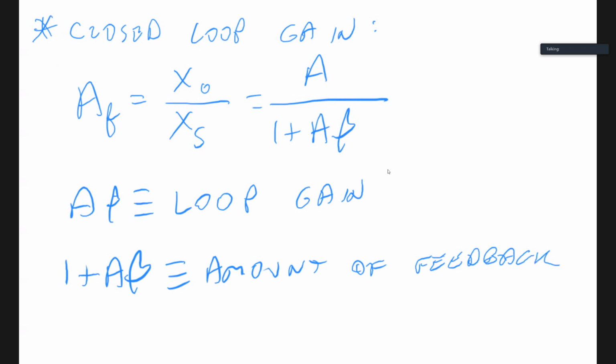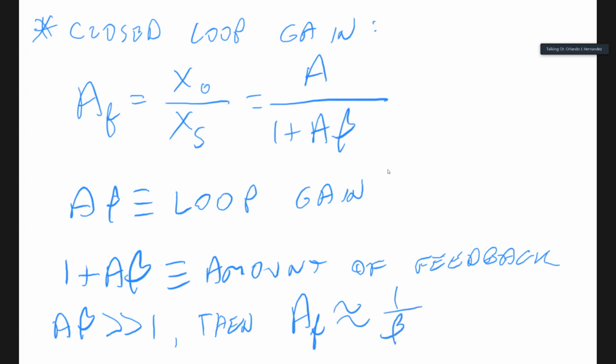Now, if the loop gain is much greater than 1, which is the case, because normally the open loop gain is very, very high, then you can see from the expression of the closed loop gain that A sub f, or the closed loop gain, can be approximated by 1 over beta, which is defined as the ideal or the best case that you can have for the closed loop gain.